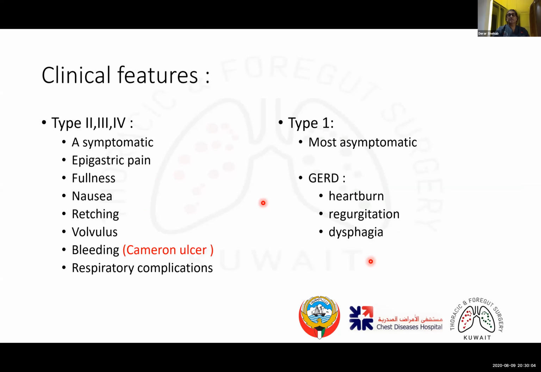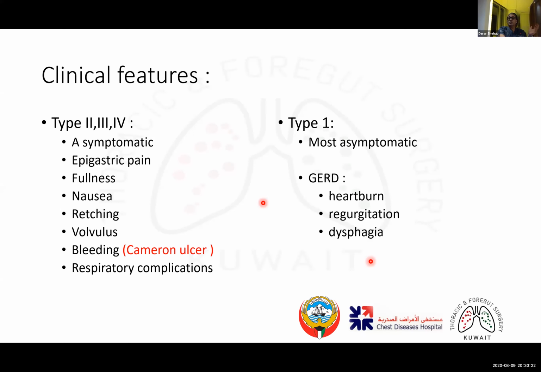Patients with paraesophageal or sliding hernia most of the time are asymptomatic, but type 1, if symptomatic, presents with GERD symptoms like heartburn, regurgitation, and dysphagia.